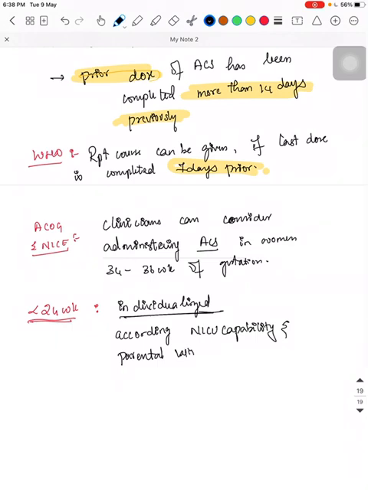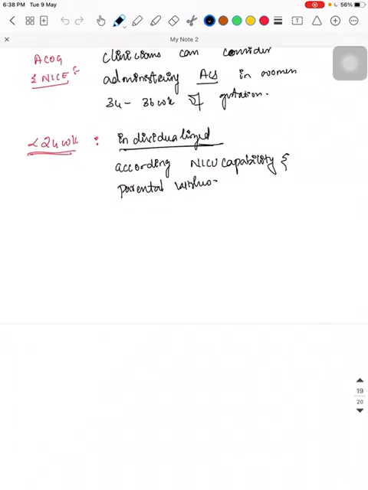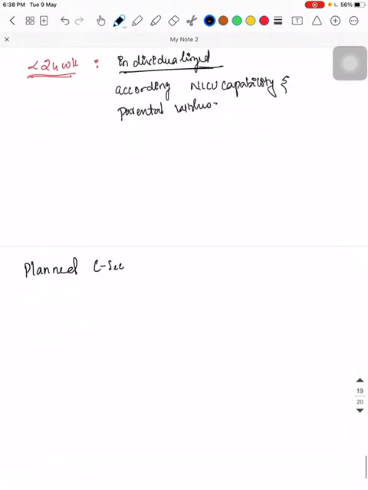Okay. Next, if there is a planned cesarean section, then what to do? For women undergoing a planned C-section between 37 to 38 weeks, normally this planned cesarean section should not be carried out before 39 weeks.